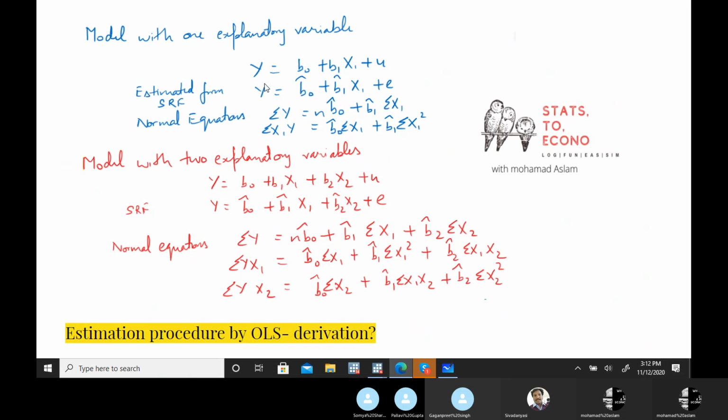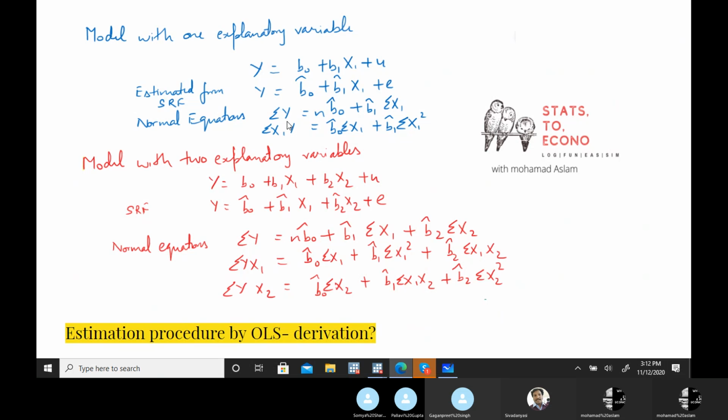Initially, we have a bivariate model where we have one independent variable. In that case, we get normal equations after differentiating which equation?